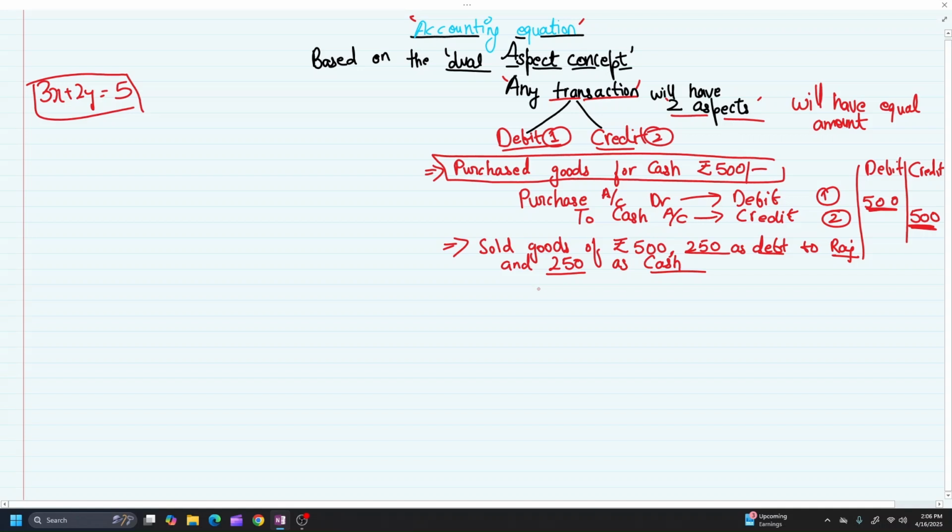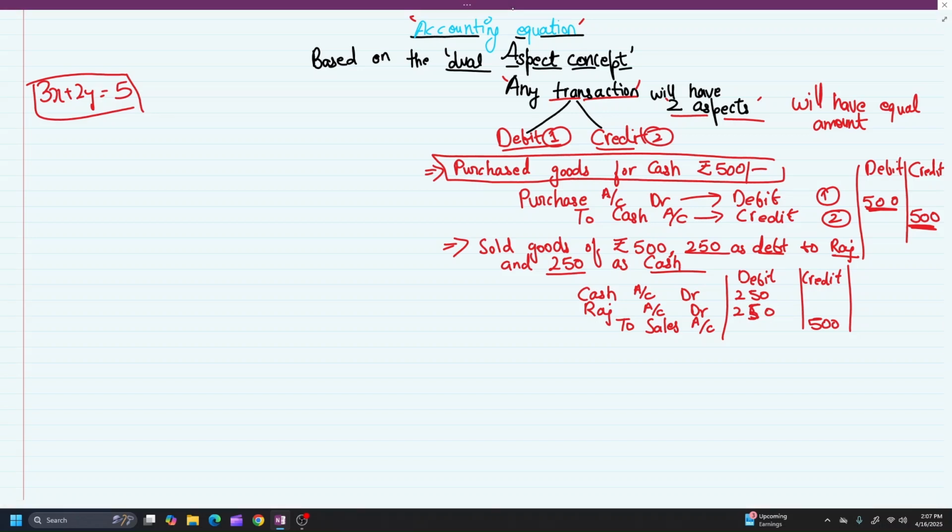If you have to make the journal, how would you make it? You will write cash account debit, Raj account debit to sales account, and if we do the amount, debit, credit: 250, 250, 500.